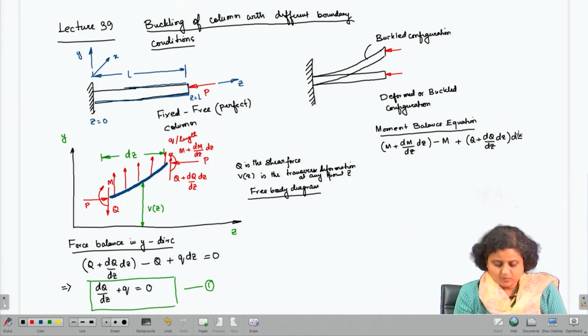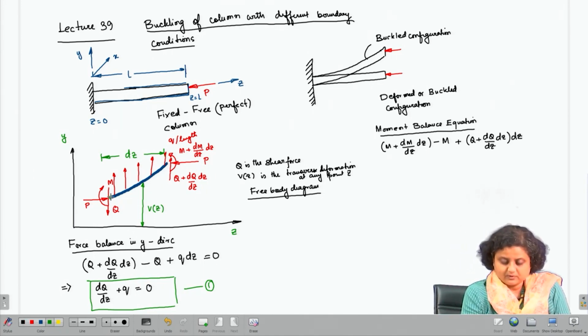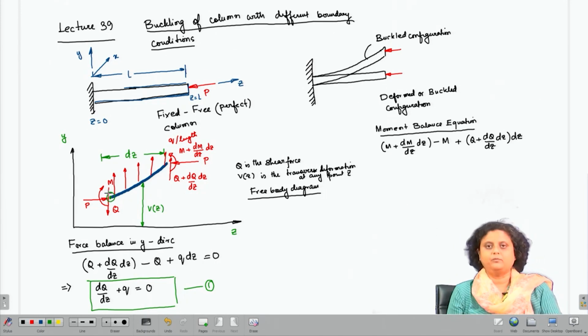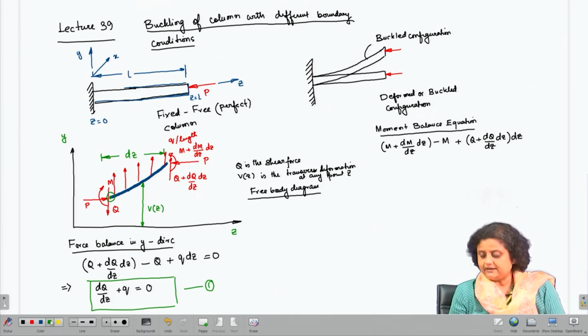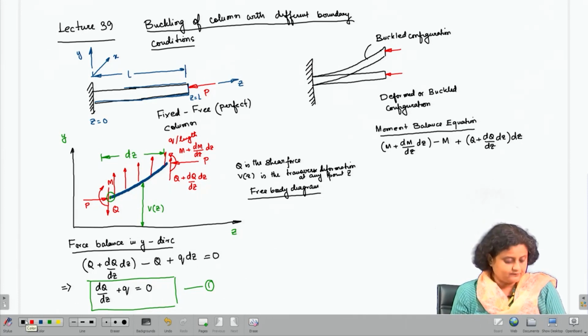We are taking moment about this point. So, then we are going to have P into dV by dz into dz.